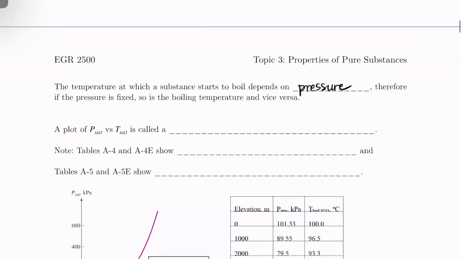We can make a plot of the saturation pressure versus the saturation temperature, and that is called a liquid vapor saturation curve.